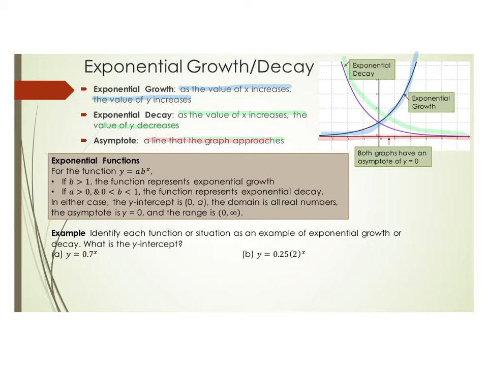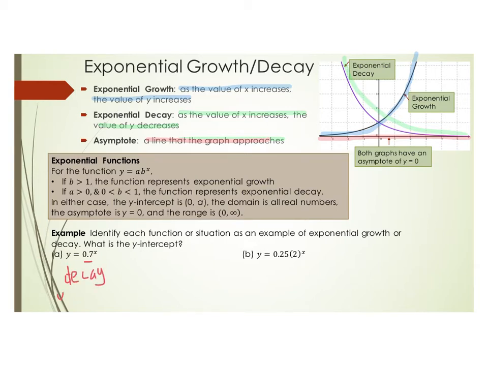So in our next type of problem, we're going to identify it as growth or decay, and then find the y-intercept. So the trick with a, I look at this 0.7, and I have to determine, is it larger than 1, or is it between 0 and 1? Well, 0.7 is between 0 and 1, so therefore this is decay.